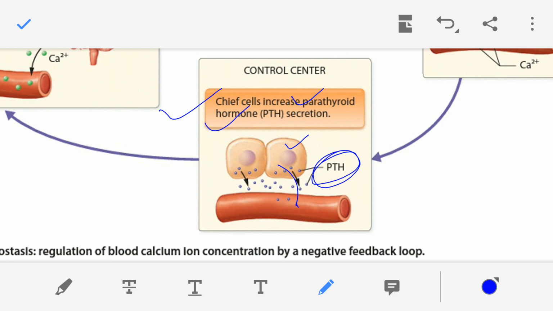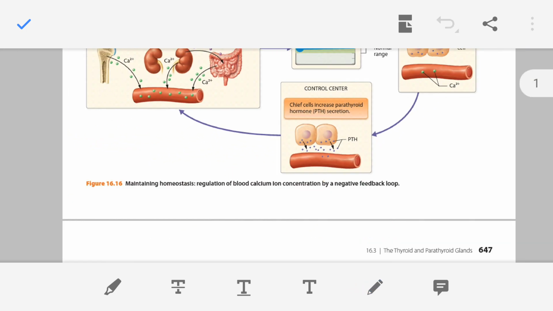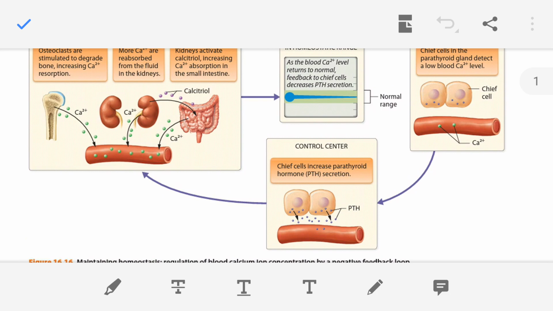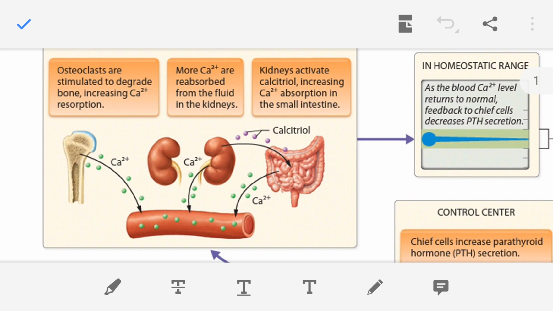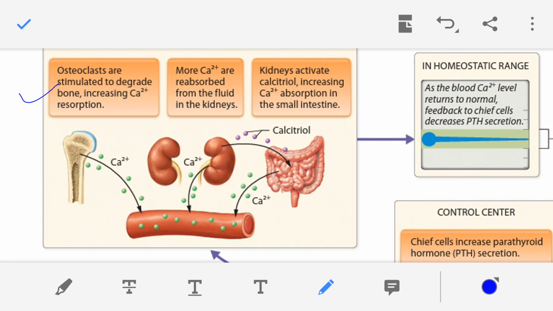The PTH enters the blood capillary and affects the bone. Osteoclast cells start resorption of bone, that means breaking down of the bone's extracellular matrix, and from the bone Ca2+ enters the blood. So the calcium level is elevated.